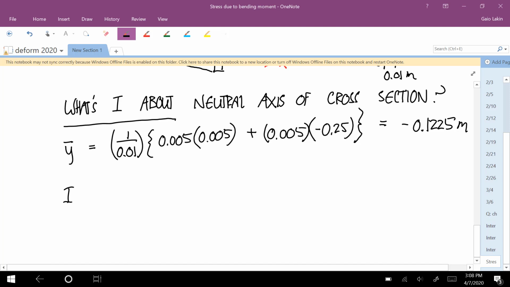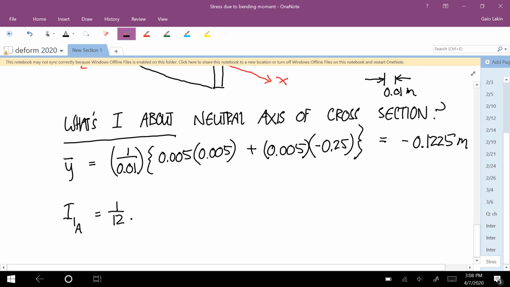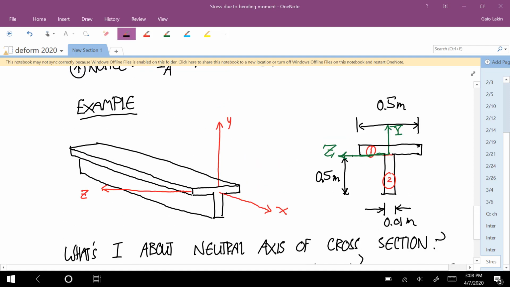So the area moment of inertia of the top rectangle is, we're going to use the formula 1/12 times the base of the top rectangle, that's 0.5, times the height cubed, the height is 0.01 cubed, but that would be the area moment of inertia about the neutral axis of that shape itself.